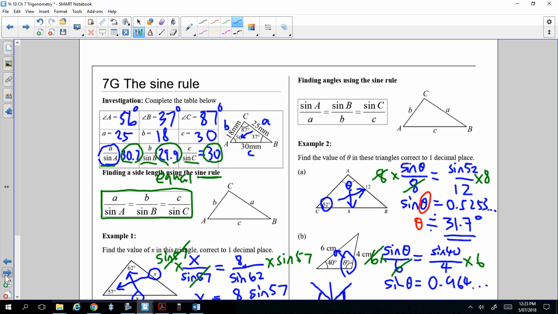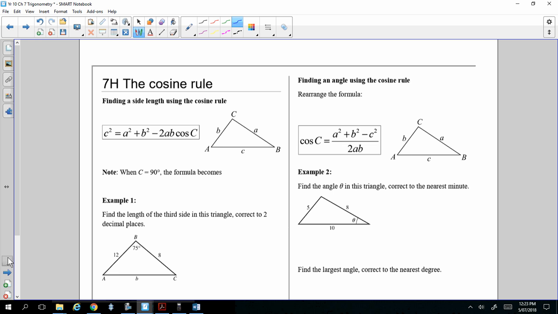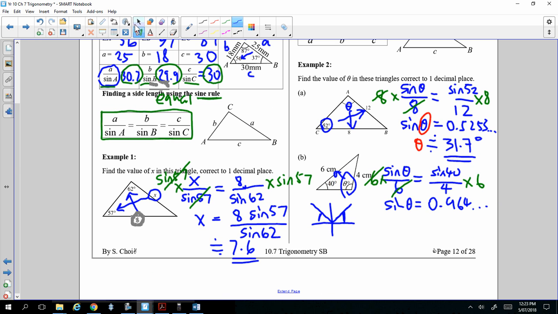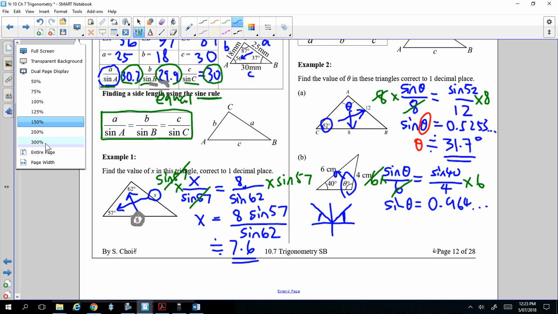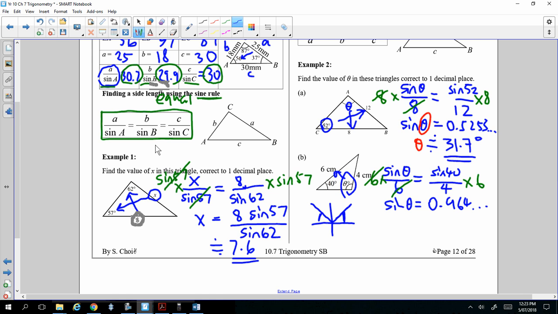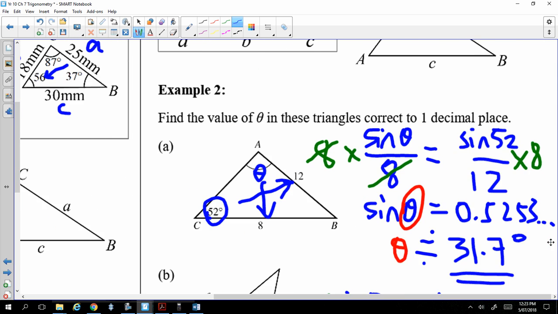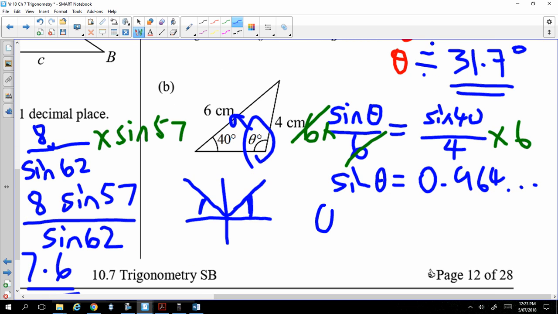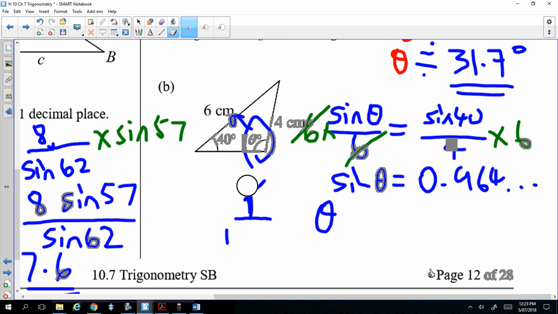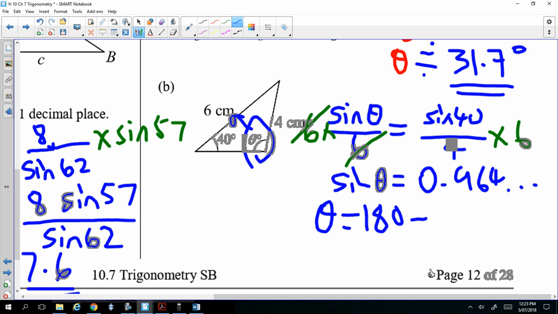So what you need to do, the workout that is required, you have to go like this. So you just have to write theta equals 180 subtract sine inverse of this number.